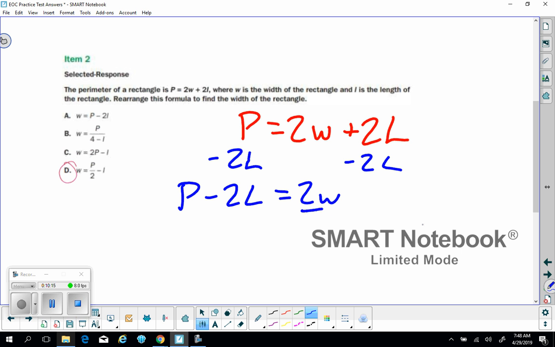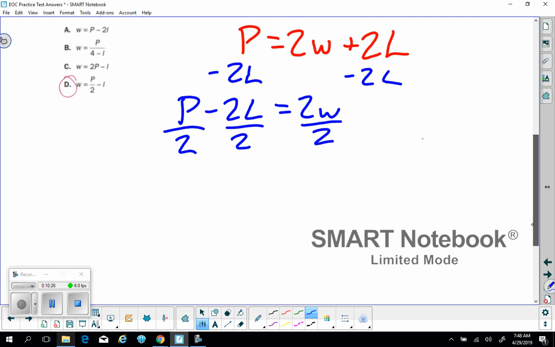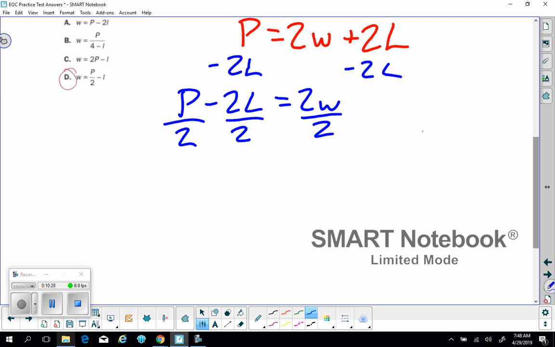Divide by 2. Okay? So once you simplify, you get P over 2 minus L equals W, which is answer choice D.